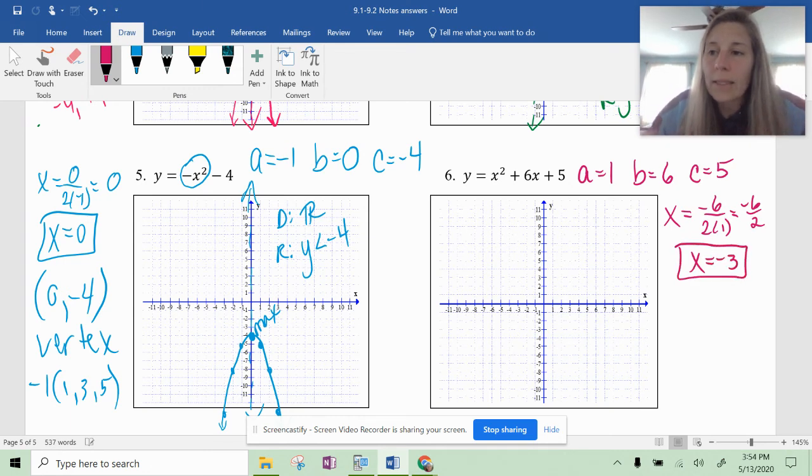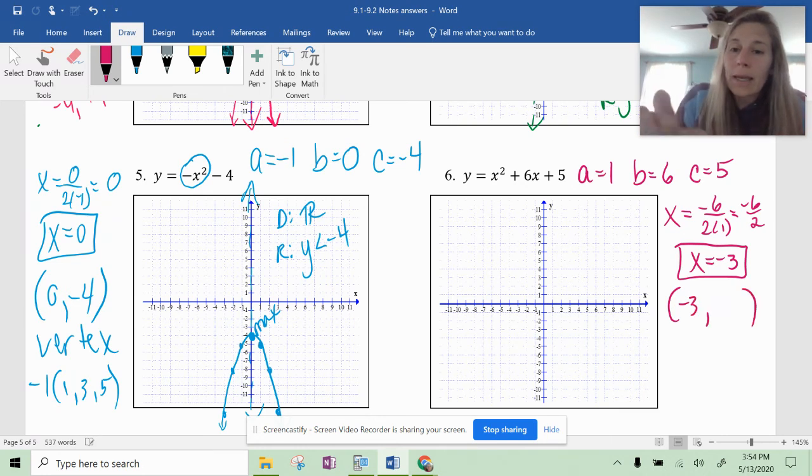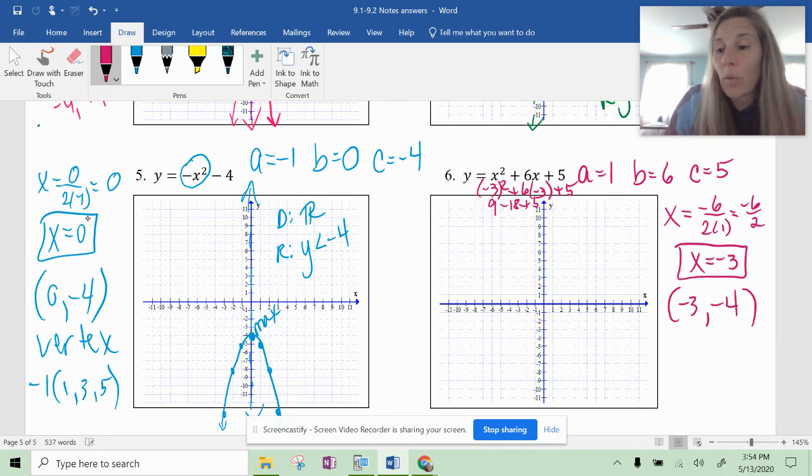So that would be my axis of symmetry. Now my vertex, I'm going to plug in -3 in parentheses for these x values up here. So -3 squared is 9. 6 times -3 is -18. Then we have +5. So 9 minus 18 plus 5 gives me -4. So -3, -4.